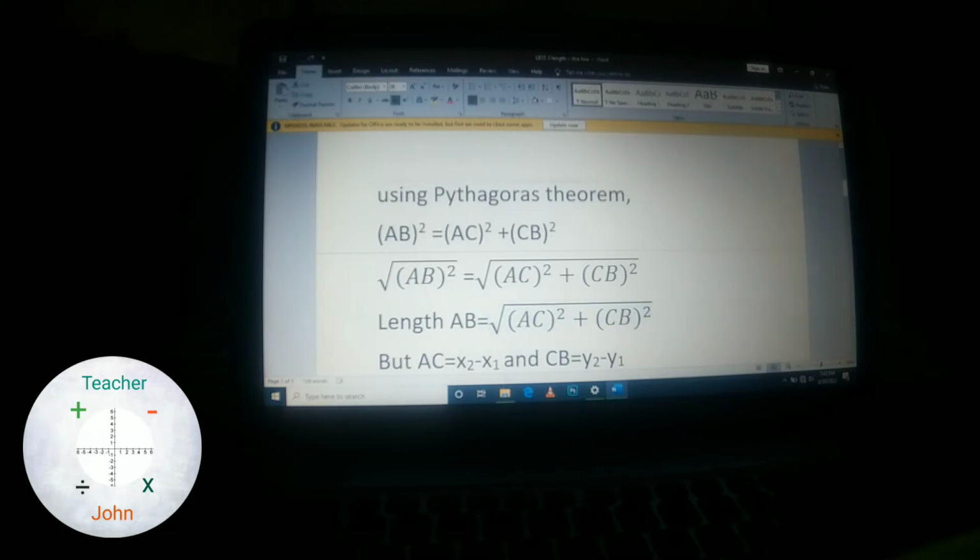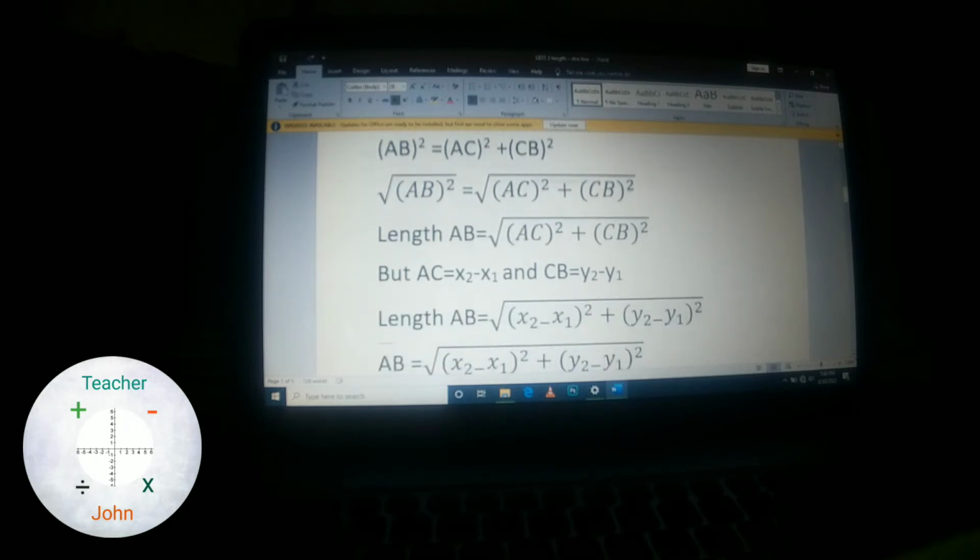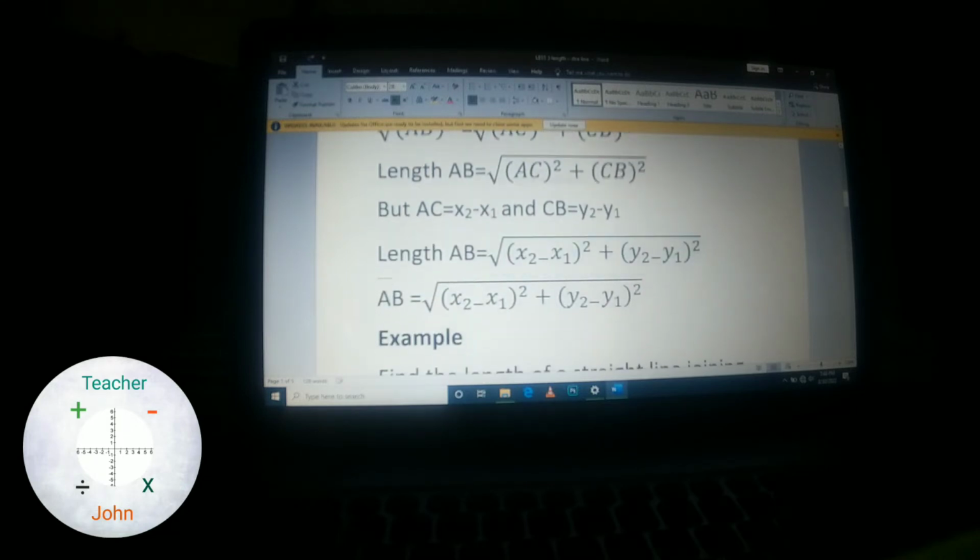But on our Cartesian above, we had AC on the horizontal, which was x2 minus x1, and CB was y2 minus y1. So we just put them here in the length and replace them, and after putting it, the length will be that.